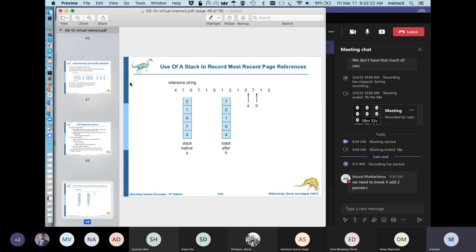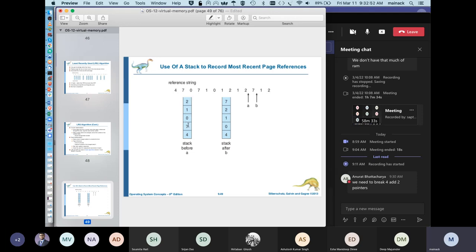Just to give you an example for the use of this stack, say there is a reference string 4, 7, 0, and so forth. At this point in the reference string, before you add 7, this is the state of the stack. So when 7 comes, you want to put this page 7 at the top of the stack.